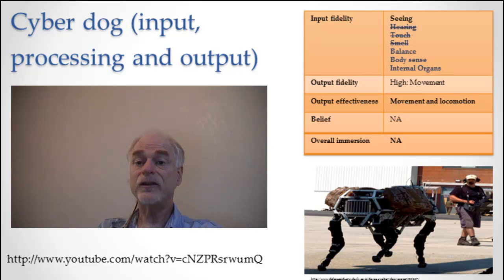And because it has such a significant and high fidelity input system, that allows it to do movement and moving around really well, because that's what moving around depends on. You can't move around really well as an artificial being if you can't really sense those things, like your balance and where the parts of your body are and what the current state of all your internal organs are.